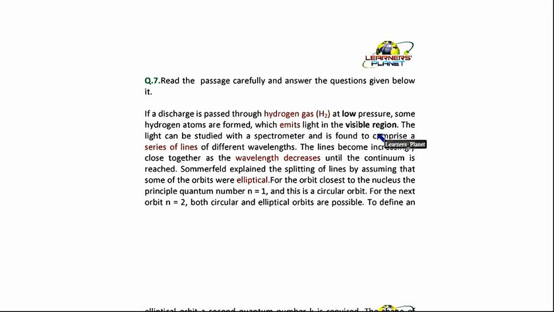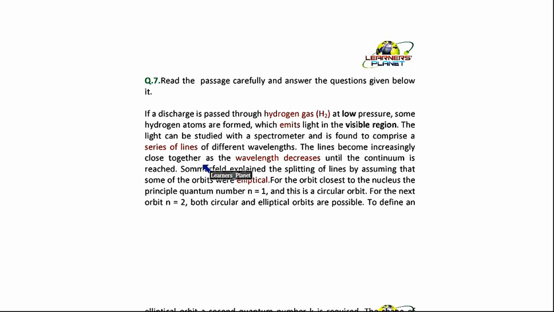Due to electronic transitions, light is emitted in the visible region. The light can be studied with a spectrometer and is found to comprise a series of lines of different wavelengths. This is the hydrogen spectrum.